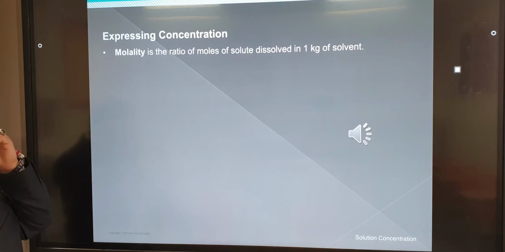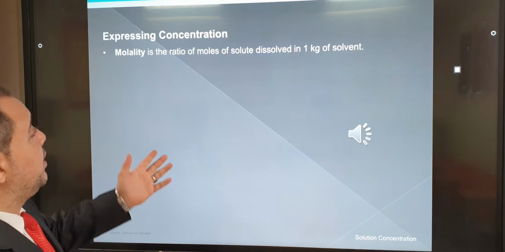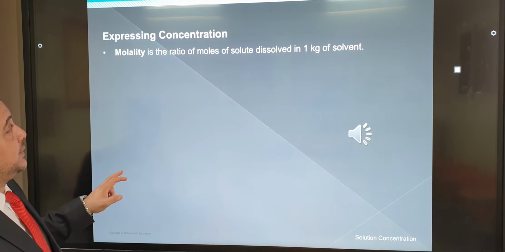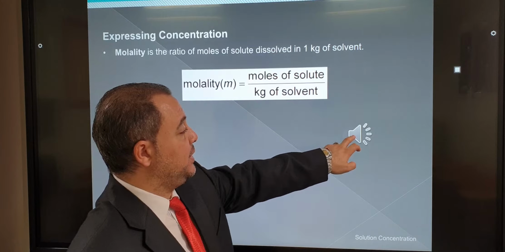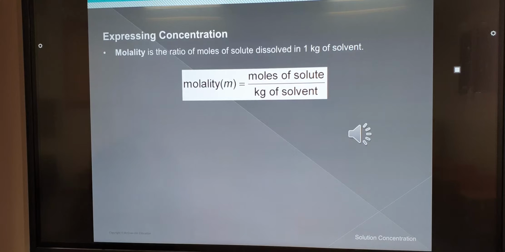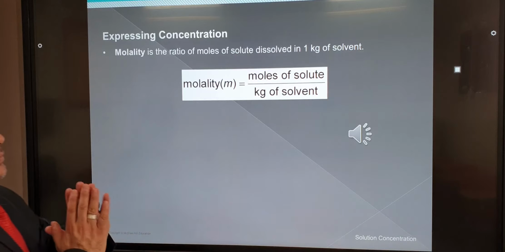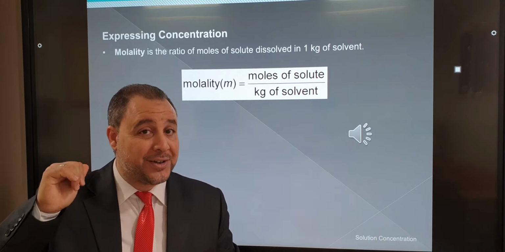This is molarity. We studied solution concentration and molarity. Now we are going to study molality. What is meant by molality? Listen, please. Expressing concentration: molality is the ratio of moles of solute dissolved in 1 kilogram of solvent. So molality depends on mass, but molarity depends on what?